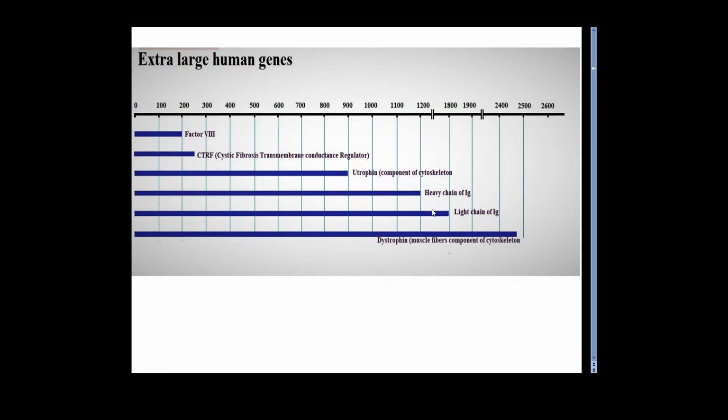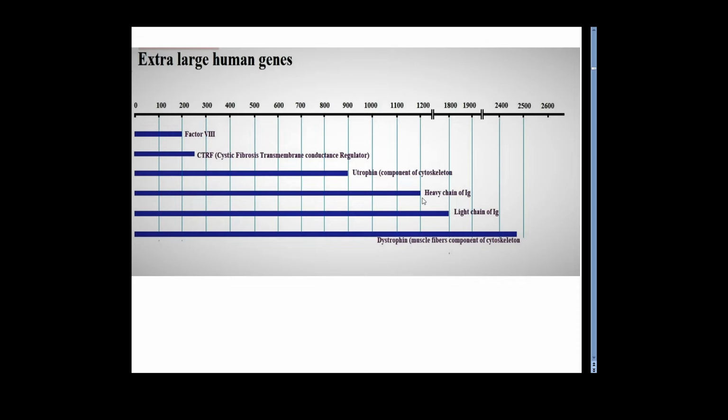Second and third place in this comparison are the light chain and heavy chain of immunoglobulins. It's important for maturation and synthesis of immunoglobulins with multiplicity of active sites for recognizing antigens. We will talk about it again some later.